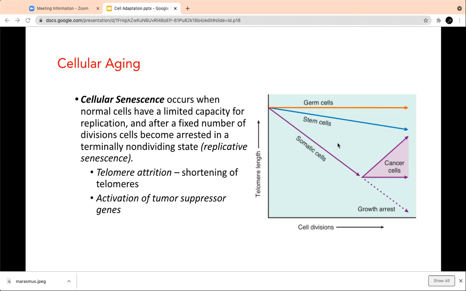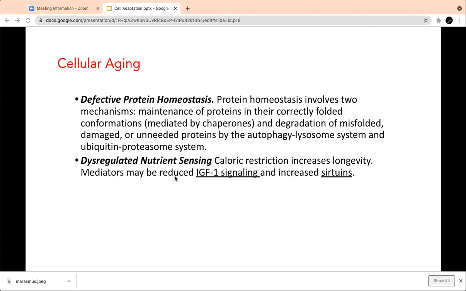Next is your activation of your tumor suppressor genes. Okay? So na-activate yung mga tumor suppressor genes natin and your telomere attrition. These are the mechanisms that produce your cellular senescence. Okay? So aside from DNA damage and your cellular senescence, we also have defective protein homeostasis.